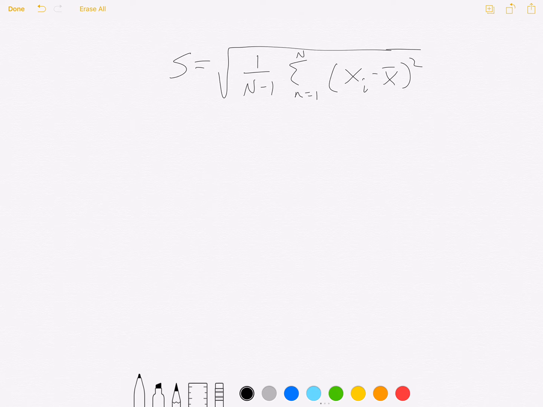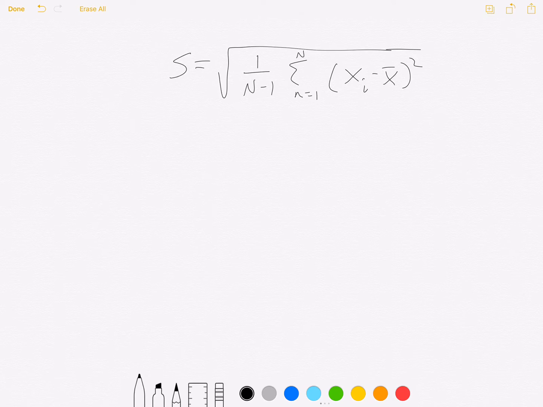Okay, so I take every value that I have, subtract the mean from them individually, square all of those differences, add them all up, and divide by the sample size minus 1.